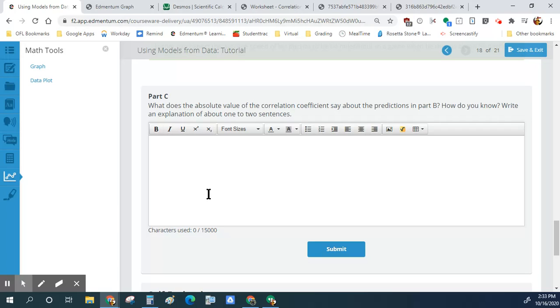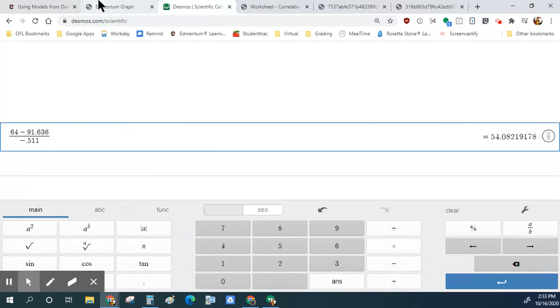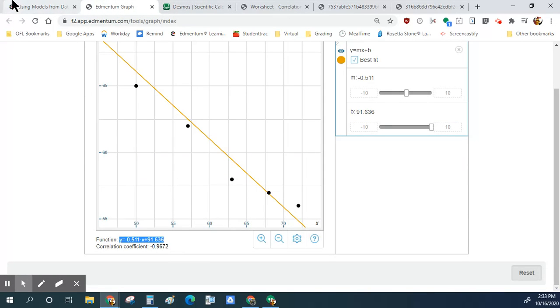Next one: what does the absolute value of the correlation coefficient help us predict? So let's take a look. It's a strong correlation. It's 0.96.